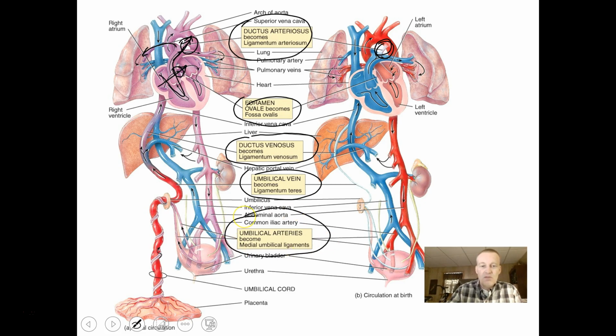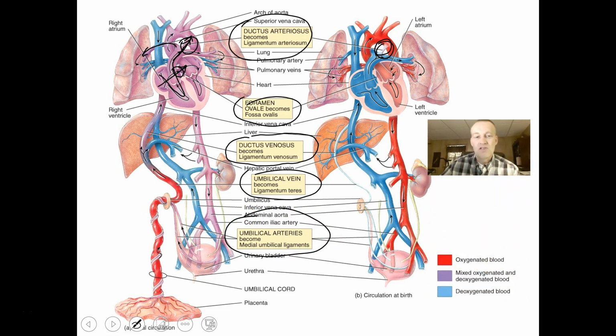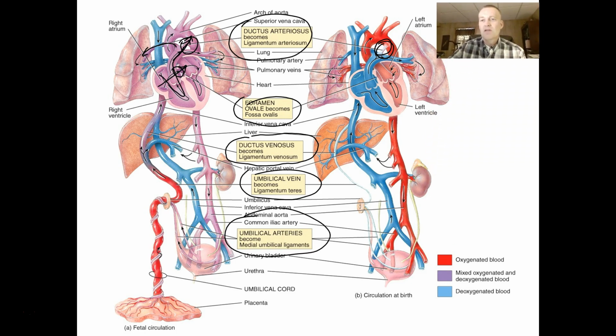So the umbilical arteries also become ligaments as well. So each structure becomes something in the infant, but the circulation pattern has to change because the infant begins to use its lungs.